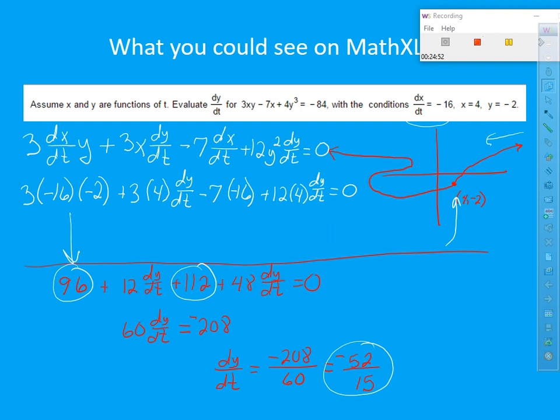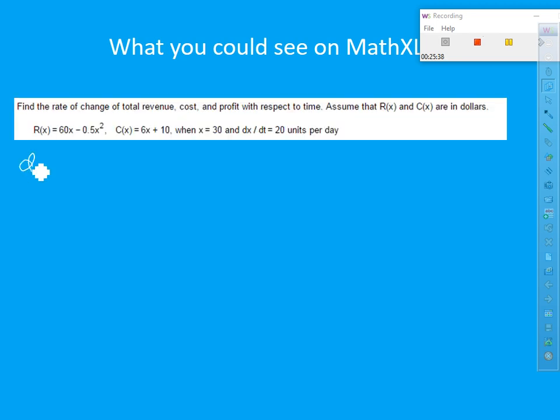Well, to find the derivative of the revenue, it's going to look like this. dR/dt, the derivative of the revenue, is going to be the derivative of 60x, which is 60 dx/dt, since we're dealing with time again, minus 2 times a half is 1 x dx/dt.